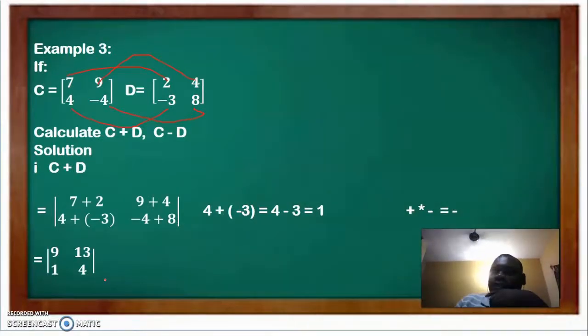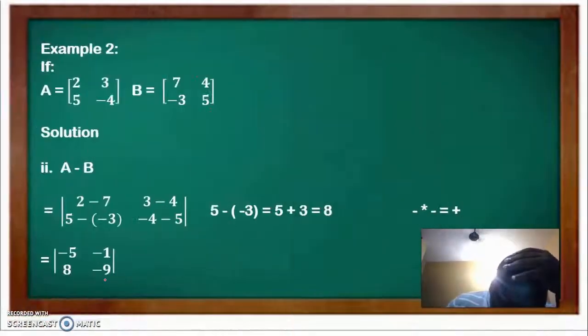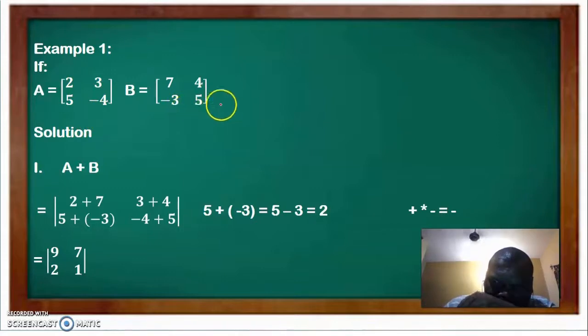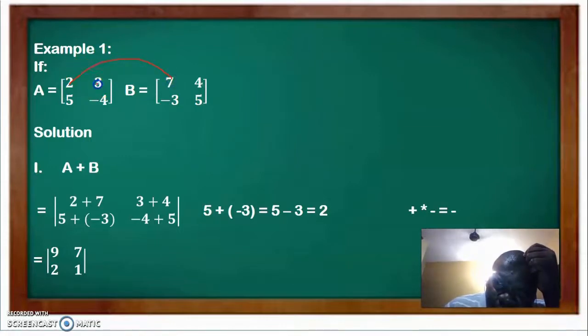Let's look at the examples again. For example 1, 2, if A is equal to 2, 3, 5, minus 4, then B is equal to 7, 4, minus 3, 5. So A plus B is equal to 2 plus 7, 3 plus 4, 5 plus minus 3, then minus 4 plus 5.